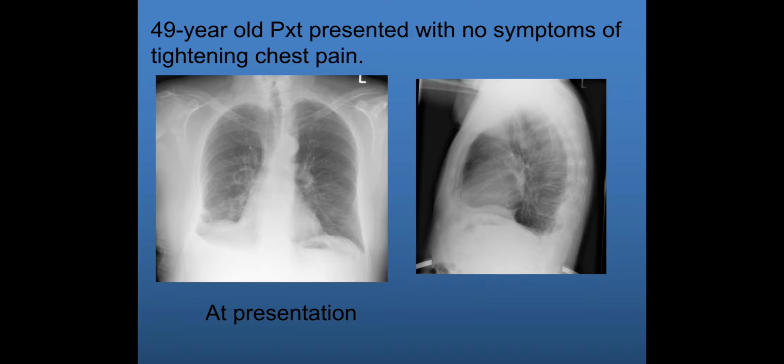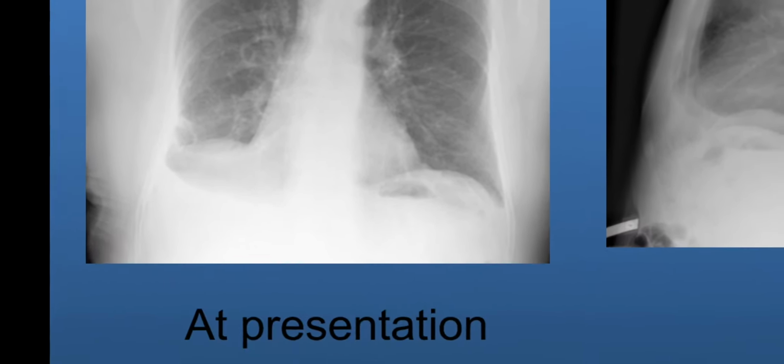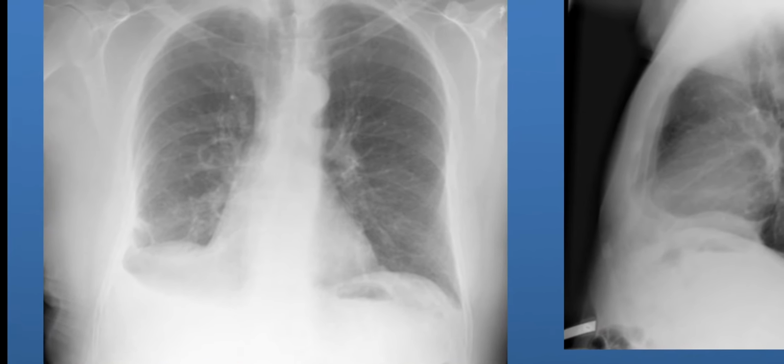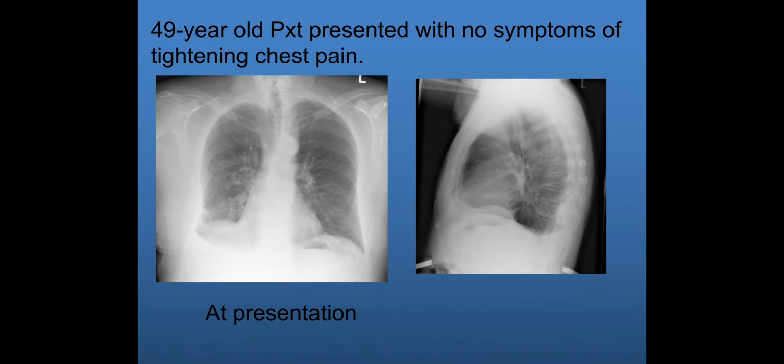This is a 49-year-old patient presented with no symptoms or tightening chest pain at time of presentation, and you see on the right side there is thickening of the pleura with obliteration of the costophrenic angle.